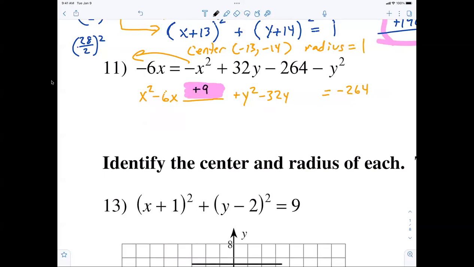You're adding 9. Now I need to complete the square over here. Half and square. What is that? Positive 256.